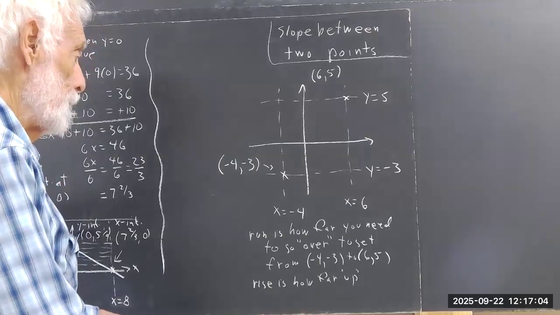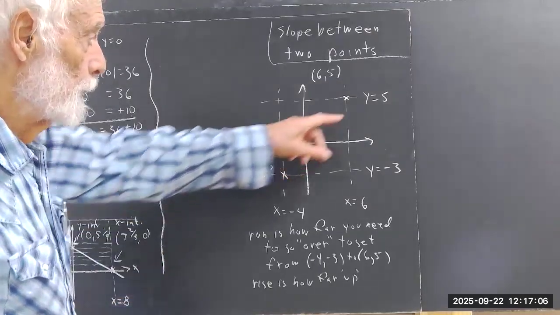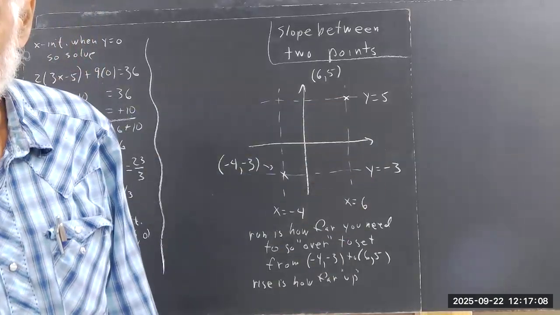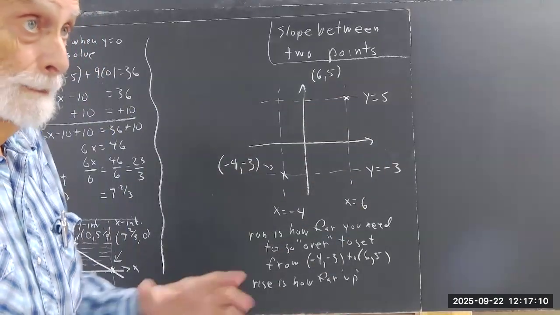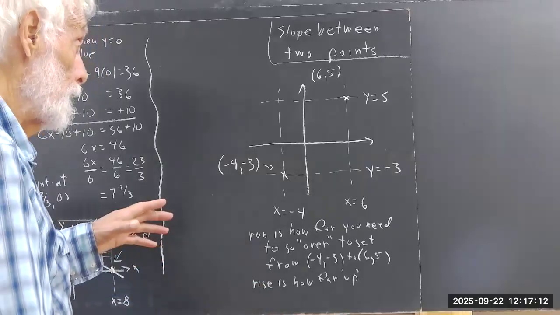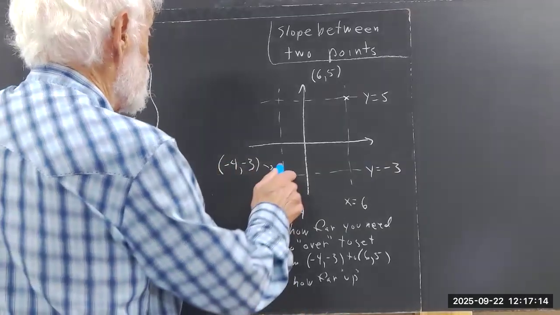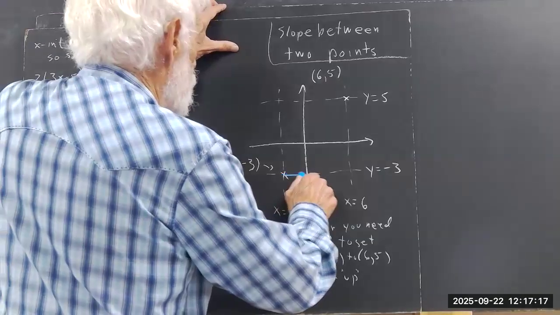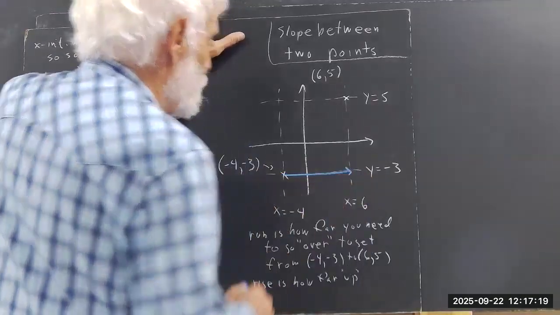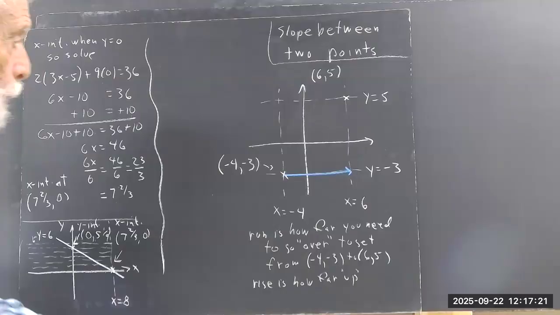So I'm going to draw a path from this point to this point. Okay, you ready? Watch me draw the path. Okay, so I'm going to start at this point, and I'm going to go over from here to here. Can you show me with your fingers how far I went over?